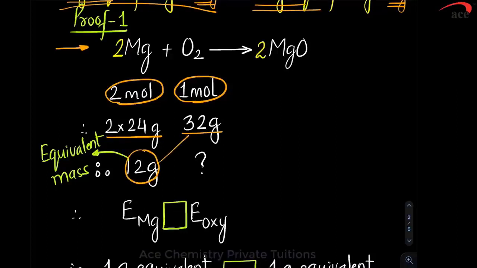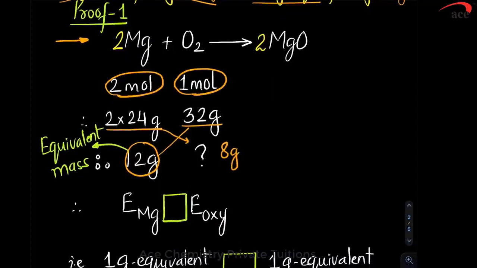You know what is the equivalent mass of magnesium? 12. So 12 gram of magnesium will correspond to how much gram of oxygen? If you calculate, it will come out to be 8 gram. That means 12 gram of magnesium always has ability to combine with 8 gram of oxygen.